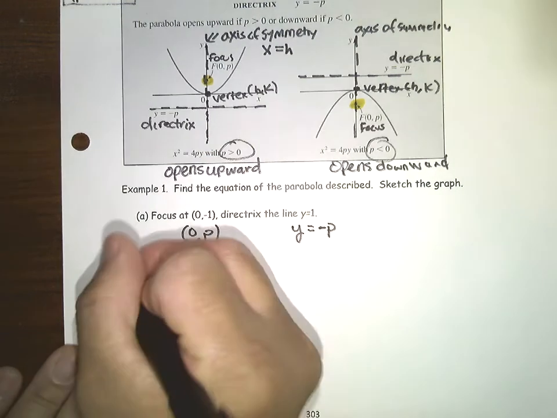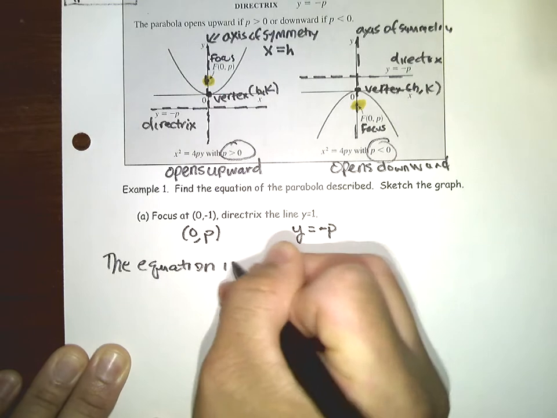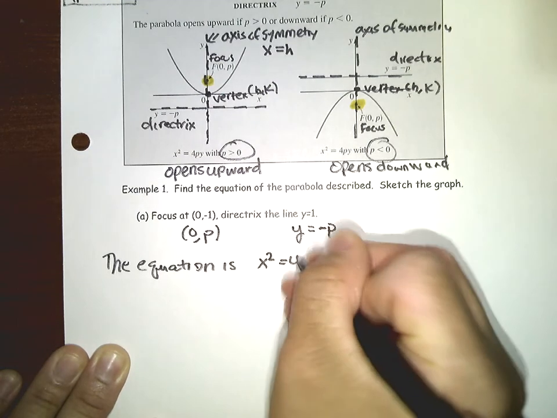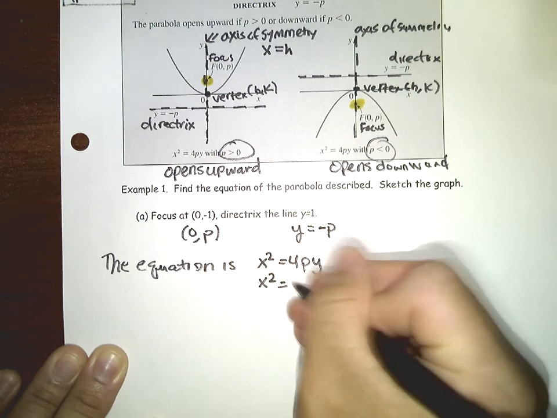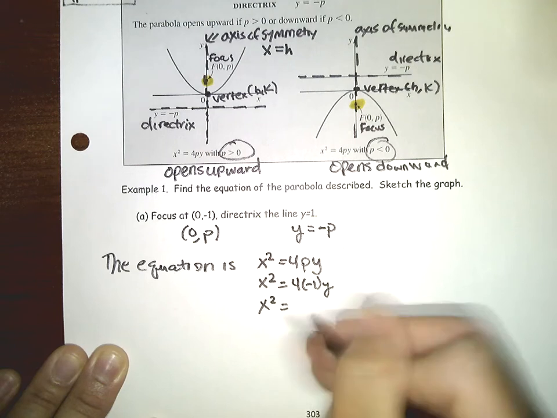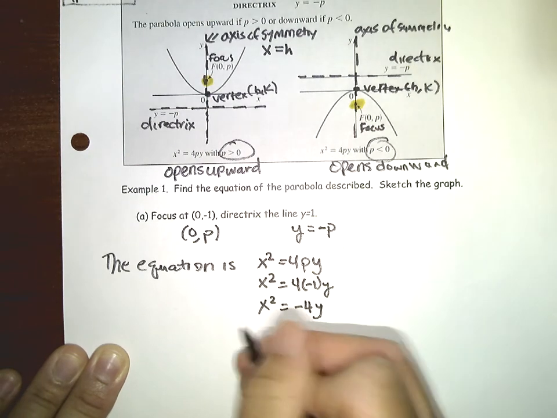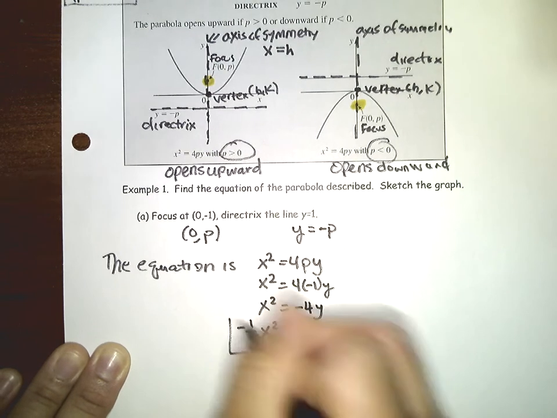All right, so the equation is x squared is 4py. So then p was negative 1. So x squared is negative 4y, or if I divide by negative 4, negative 1/4 x squared is equal to y.